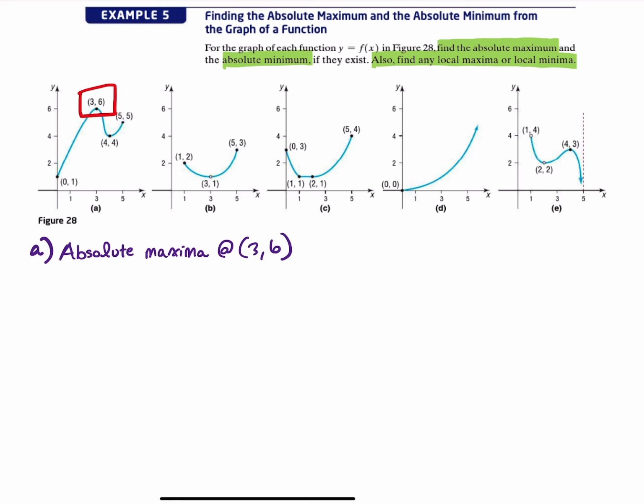I'm going to just list the point, but if they're looking for where it occurs, it's at an x value of 3, and the absolute maximum value is positive 6. This also fits the definition of a local maxima as well. So we can also call this a local maxima because we can build some window around it, some open interval around that point, and it's the highest point in that interval. So something can be both a local maxima and an absolute maxima.